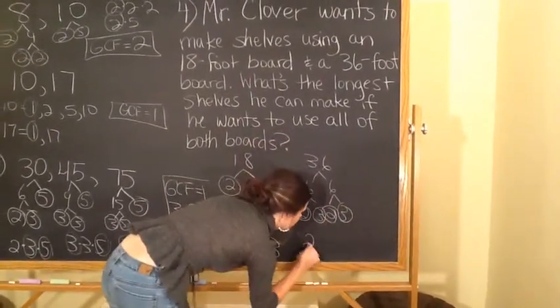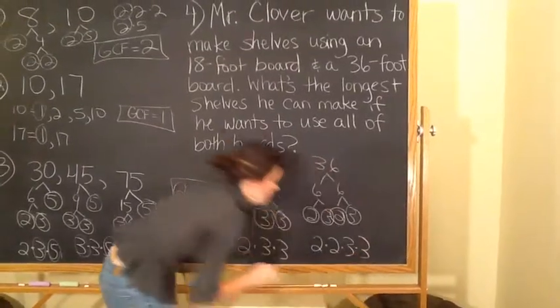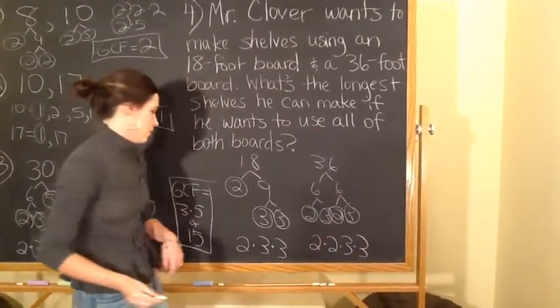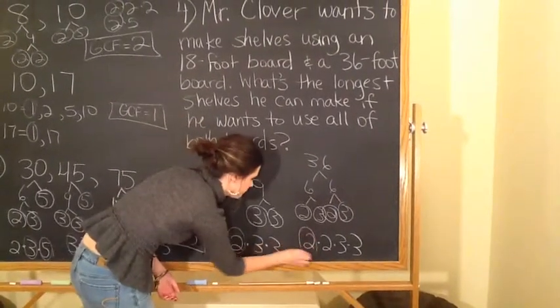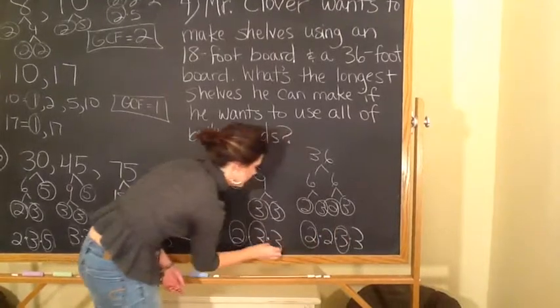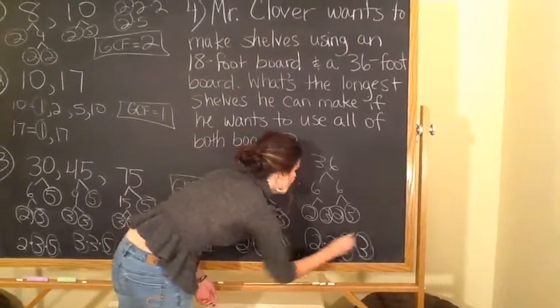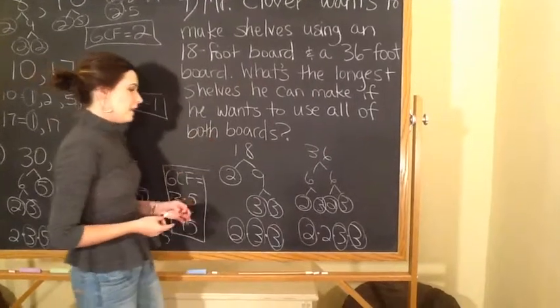So it's 2 times 2 times 3 times 3. So here's our prime factorization of both numbers. So let's see, what do they share? I see a 2, I see a 3, and I see a 3. So it looks like our greatest common factor is 18.